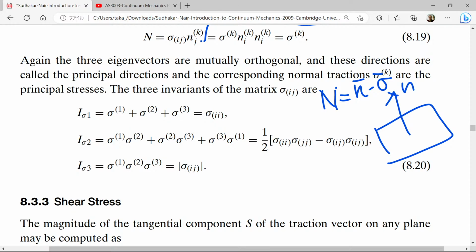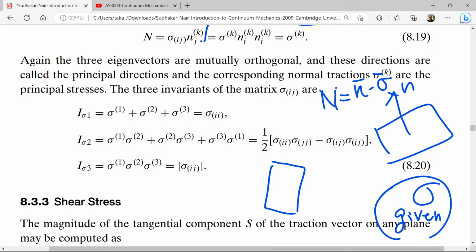So I think you obtain 3 planes. Sigma is given, and for this particular sigma, you have 3 planes. This is also normal.